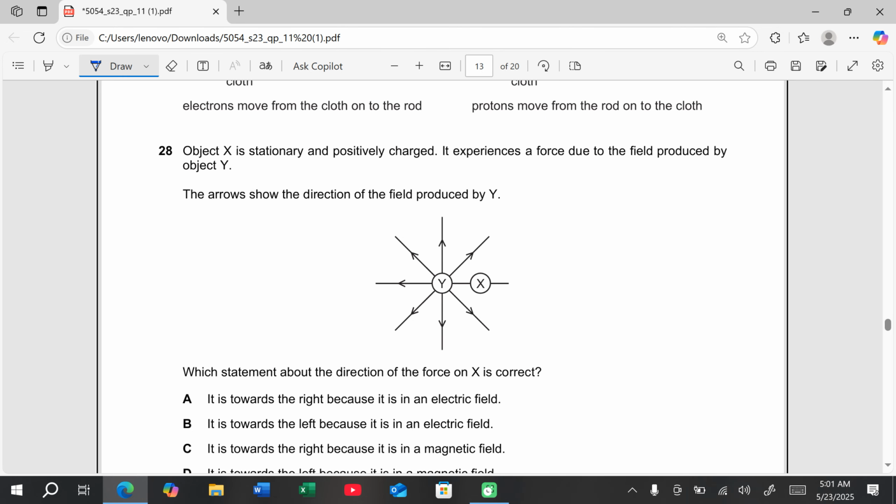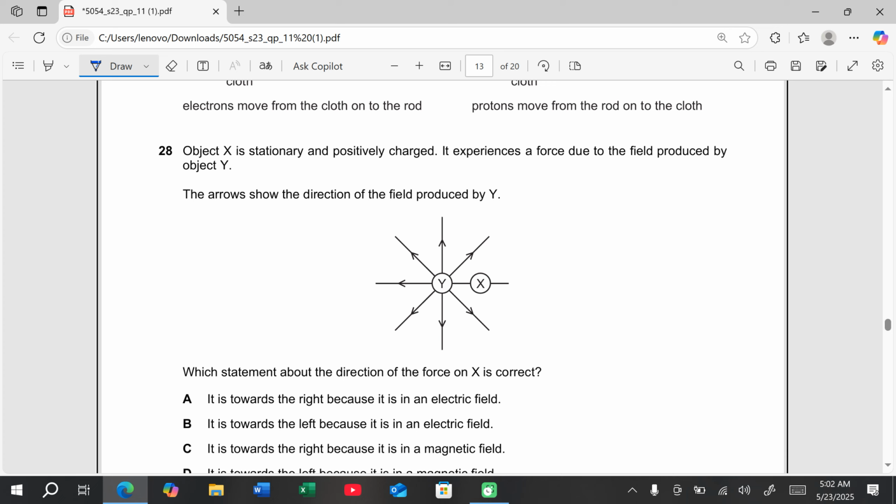An object X is a stationary positive charge. It experiences a force due to the field produced by an object Y. The arrow shows the direction of the field produced by Y. Which statement about the direction of the force on X is correct? It is towards the right because it is in an electric field, stationary and positively charged.